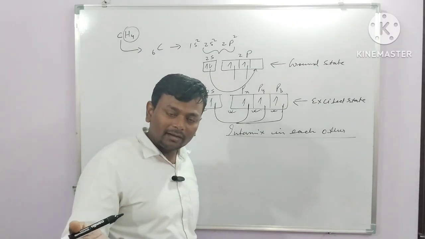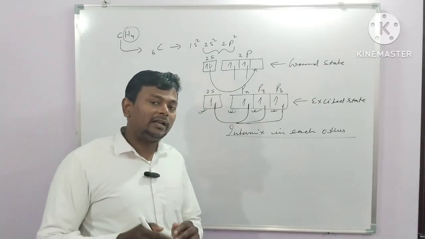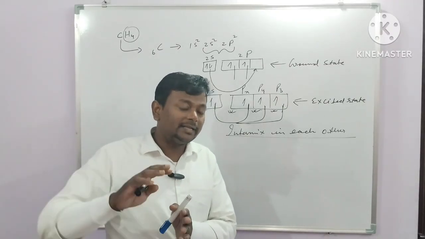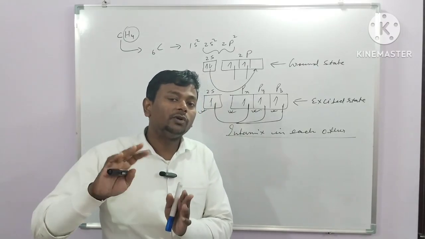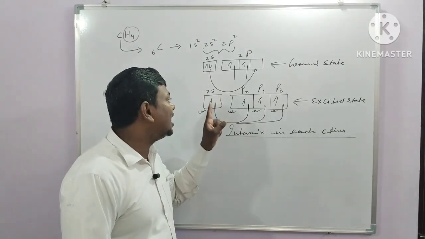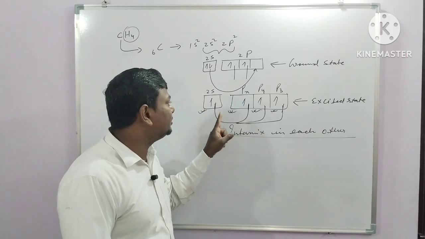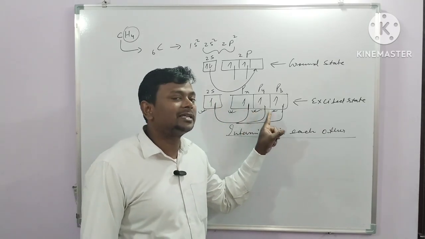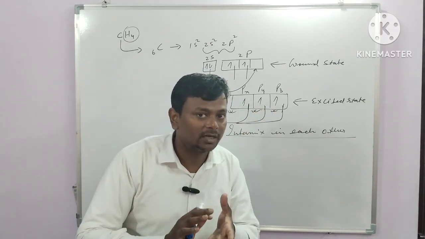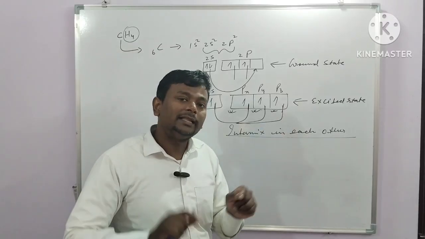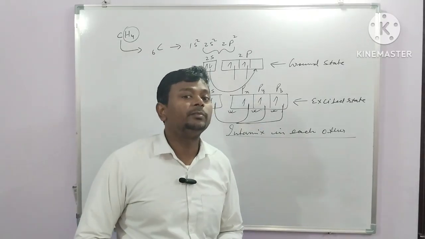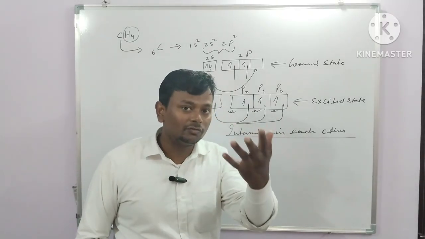So this means the number of new hybrid orbitals depends upon how many orbitals intermix with each other. Okay, if it is 4, then the new orbitals formed are going to be 4.